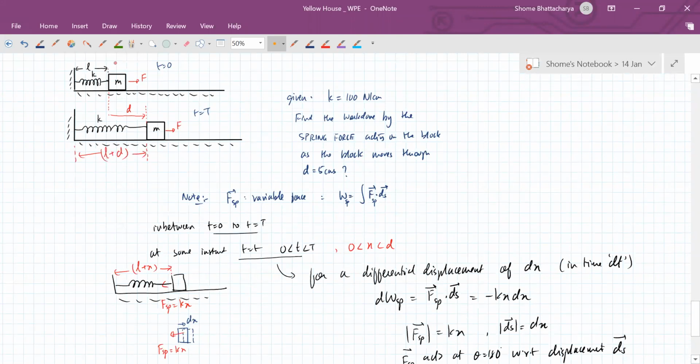So your extension of the spring was 0 here, and the extension of the spring is d over here.